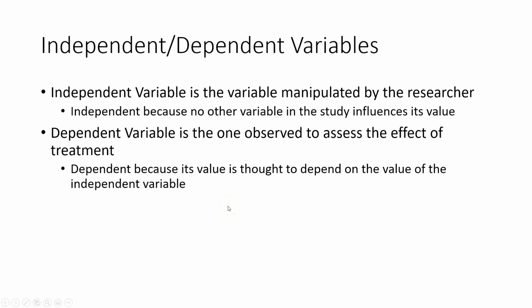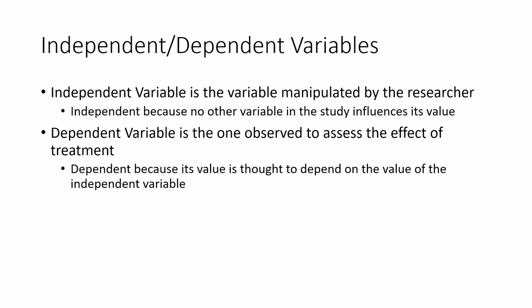We need to know about these words in an experiment. An independent variable is the variable that is manipulated by the researcher. That's usually the grouping variable. It's called independent because no other variable in the study influences its value. It is independent of any other influence except the researcher. The researcher decides it.